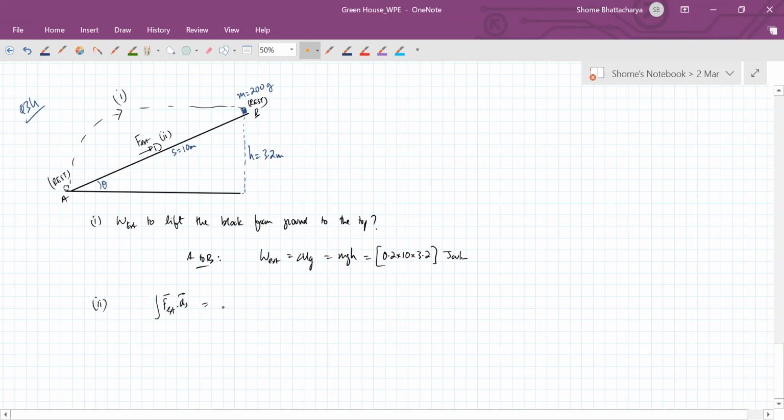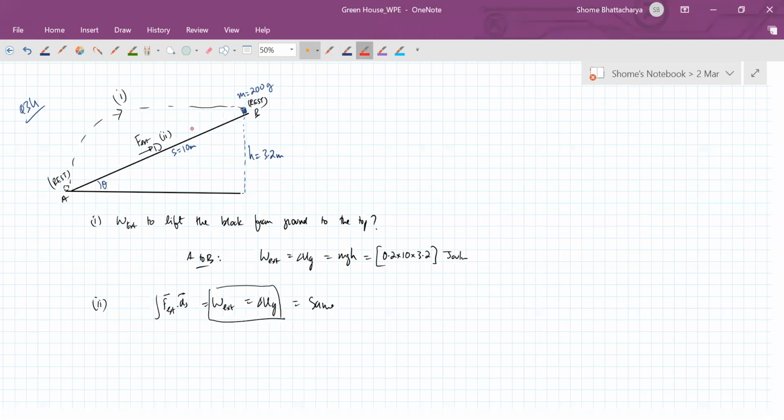That will also be nothing but the change in gravitational potential energy. So it will be the same because normal reaction is not doing any work and friction is not there. Understood the point, Tej? Why the answer of part 1 and part 2 should be the same?